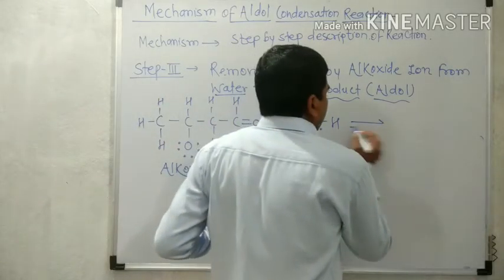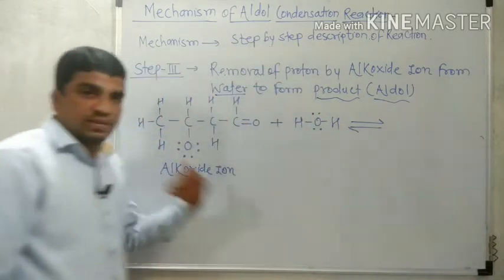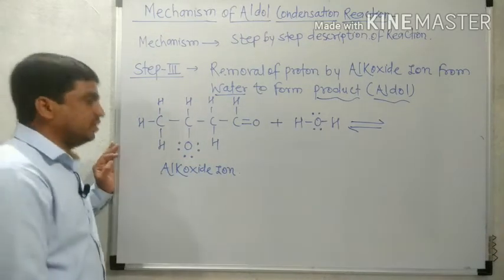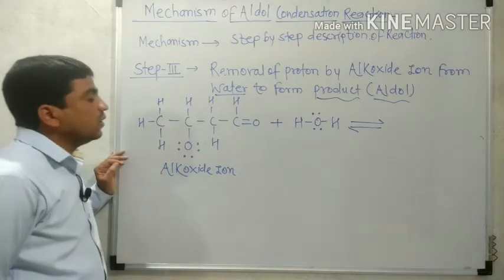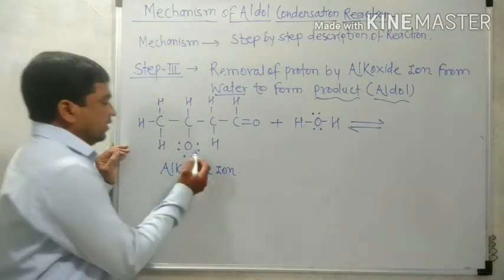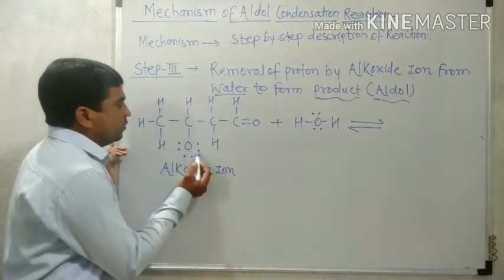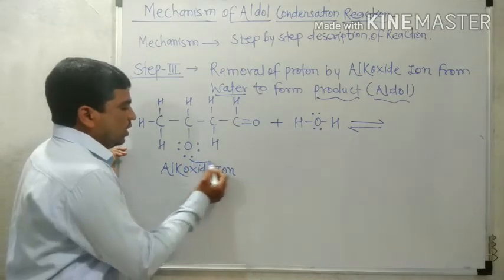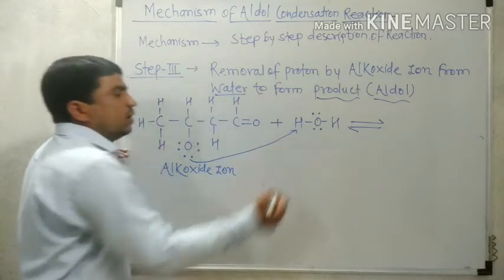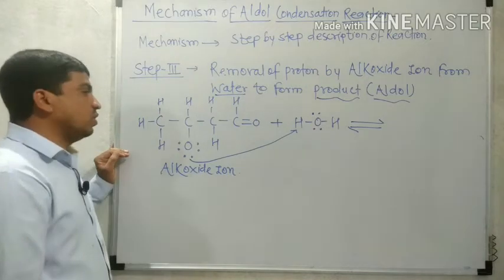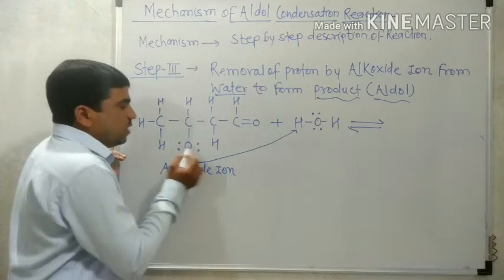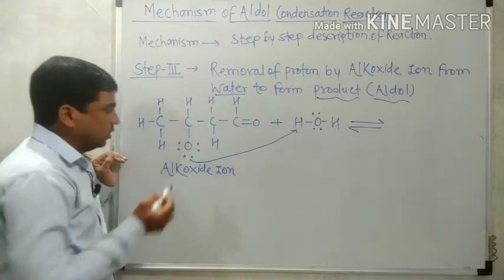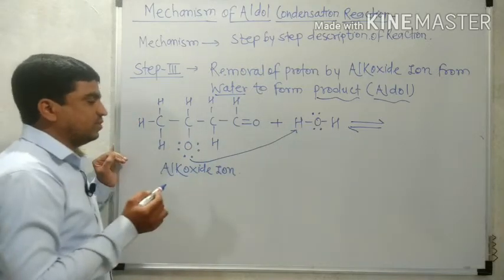The oxygen of water already contains two lone pairs. Now, what happens in this step? All the steps of the mechanism are reversible: first and second also, and the third is also a reversible step. In this step, the oxygen atom of the alkoxide ion donates a pair of electrons to this hydrogen, that is, the proton. Due to donating this electron pair, oxygen attracts the hydrogen, so formation of OH takes place.